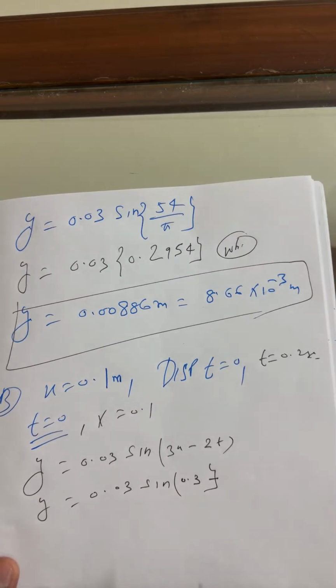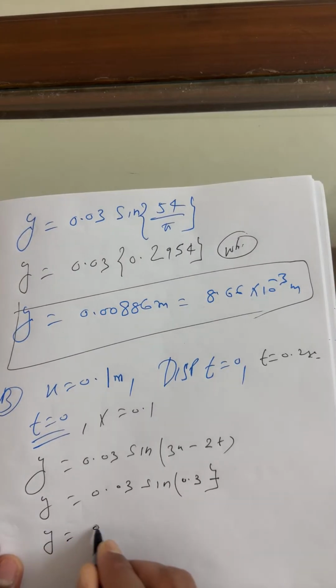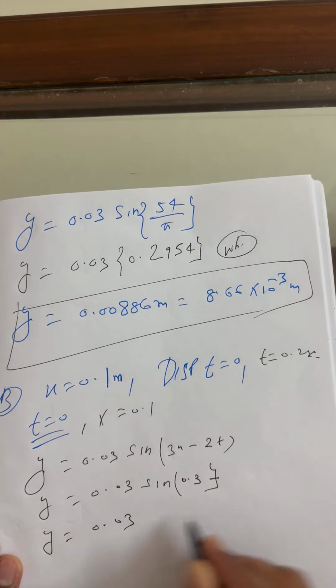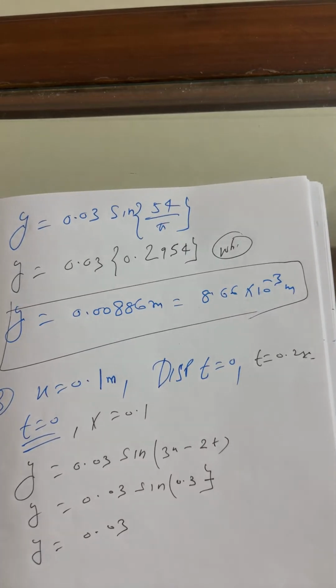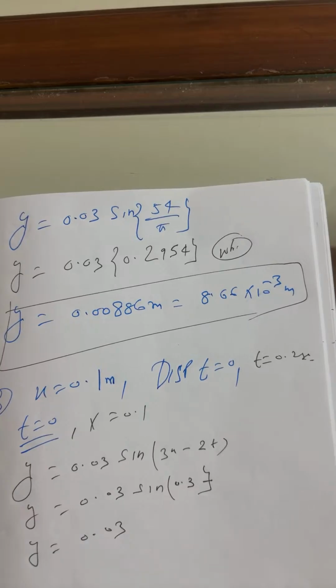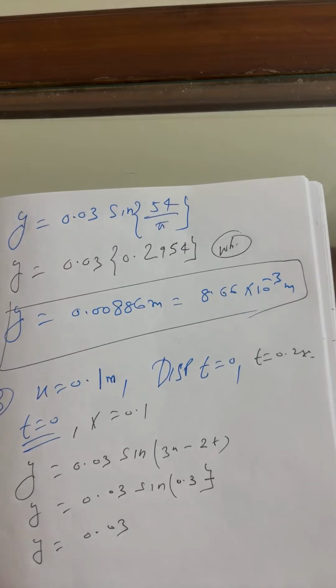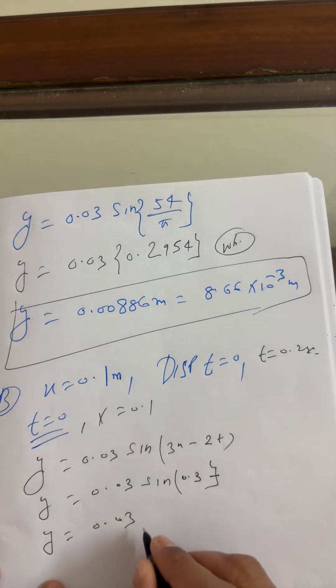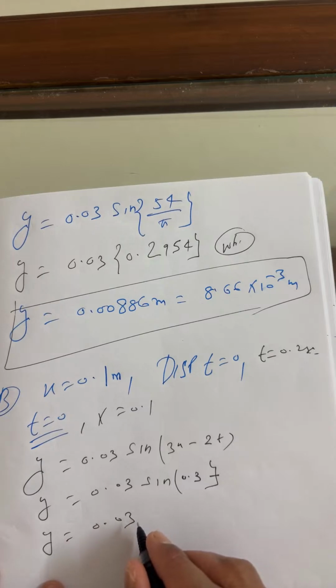Can anyone help me get the answer of this one? 0.03 here, sin 0.3. You can say 3 by 10, sin 3 by 10 here. You can answer me. Theta. So this is coming around sin 10.